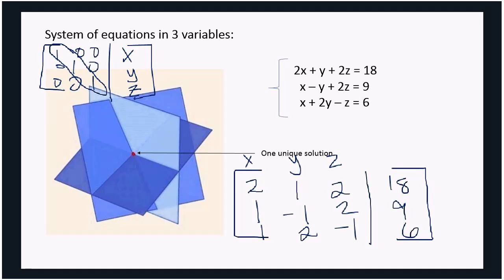I'm going to bring up a whiteboard just so I have more room. So let me just quickly write that one down again. So this is the matrix that I got from that systems of equations.